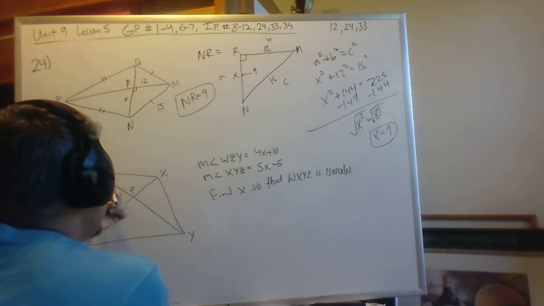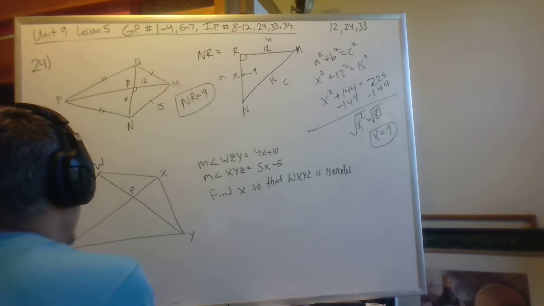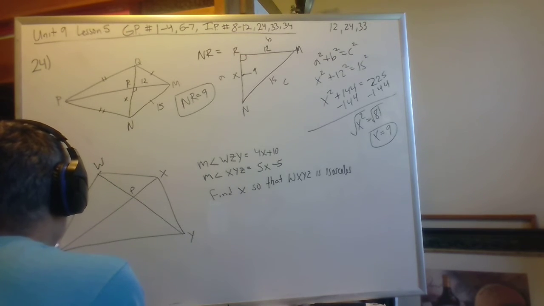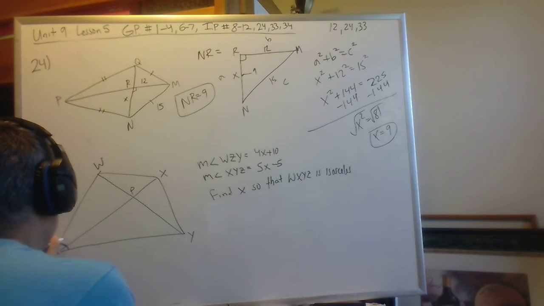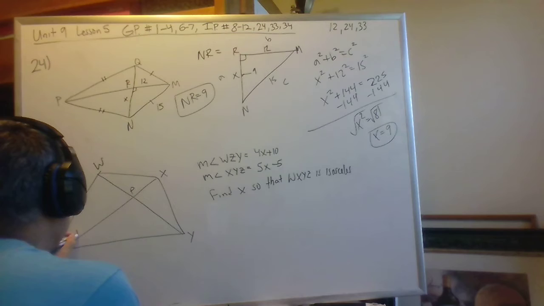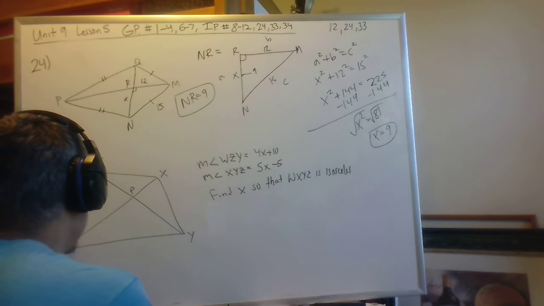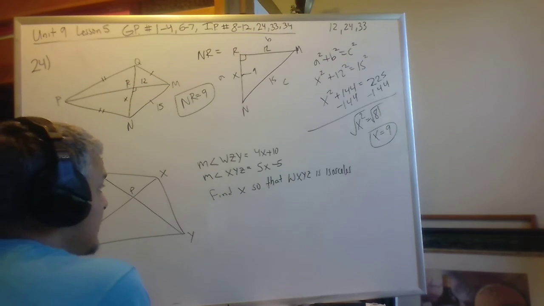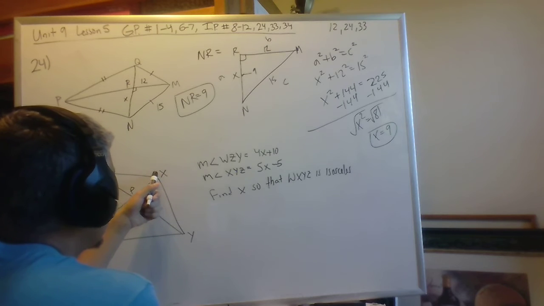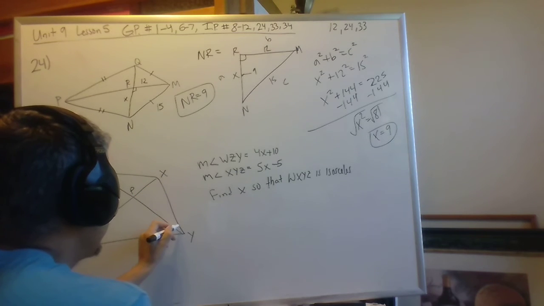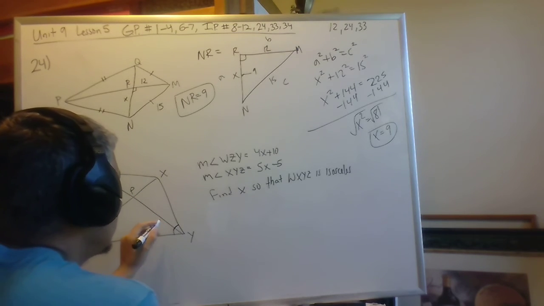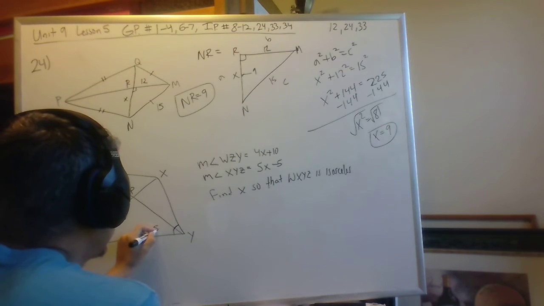So it says WZY. This angle right here that I just drew is equal to 4x plus 10, and the measurement of XYZ right here is equal to 5x minus 5.